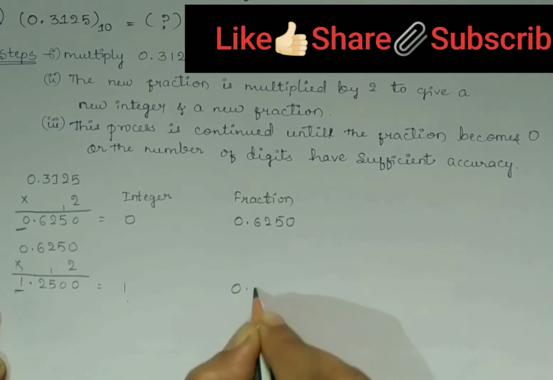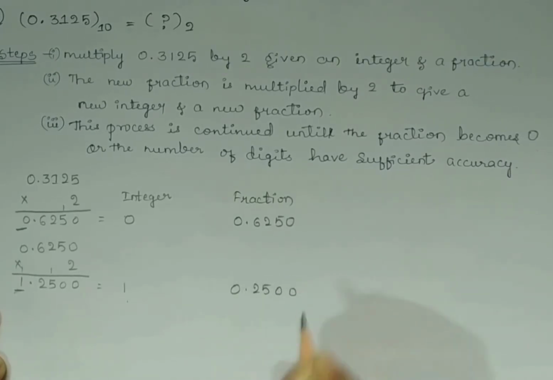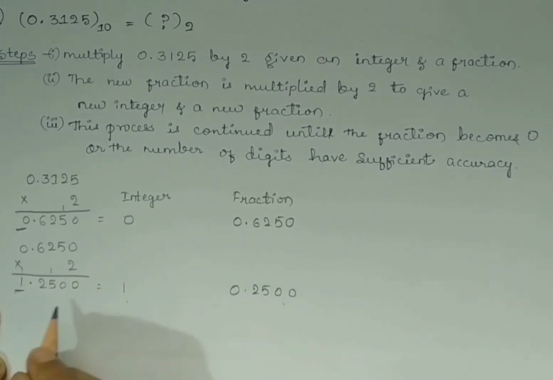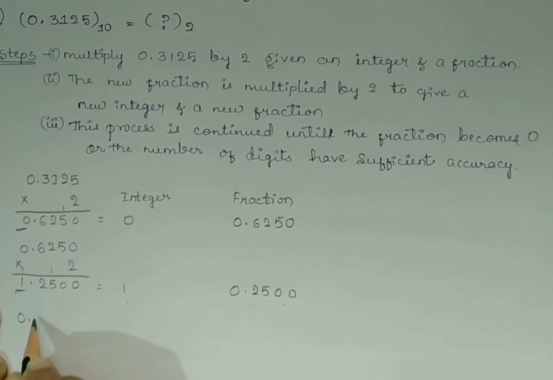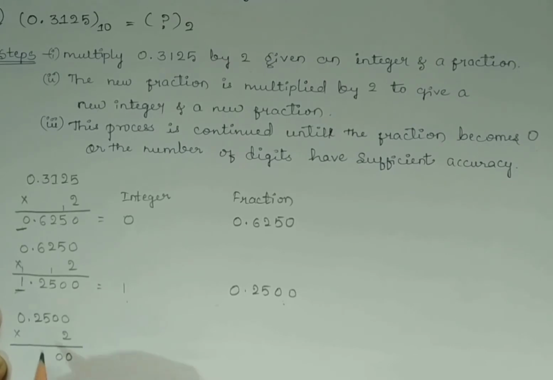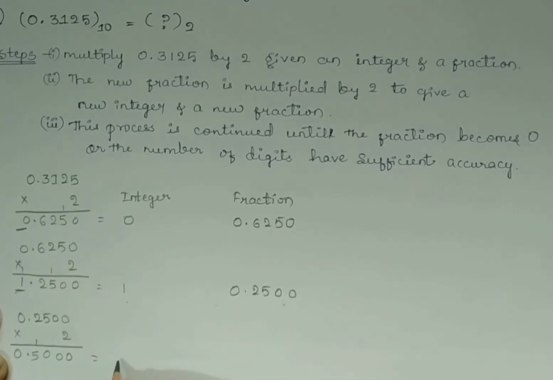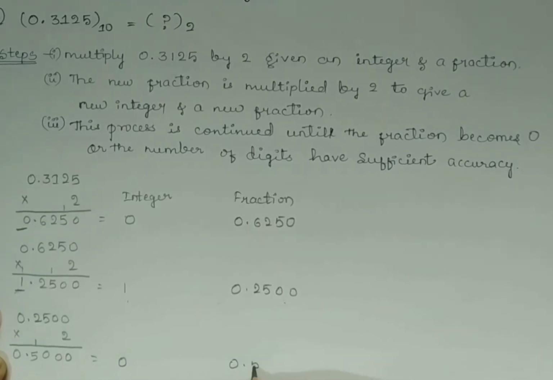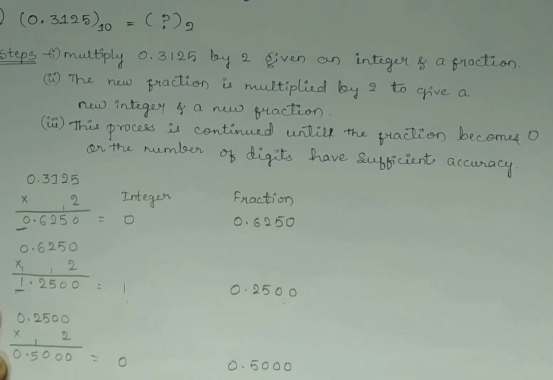So 0.2500. Next, consider this fraction value and multiply it by 2. 0.2500 into 2. 2 zeros are 0, 2 zeros are 0, 2 5s are 10, 2 2s are 4 plus 1 is 5, 2 zeros are 0. So the next integer is 0 and the fraction value is 0.500.